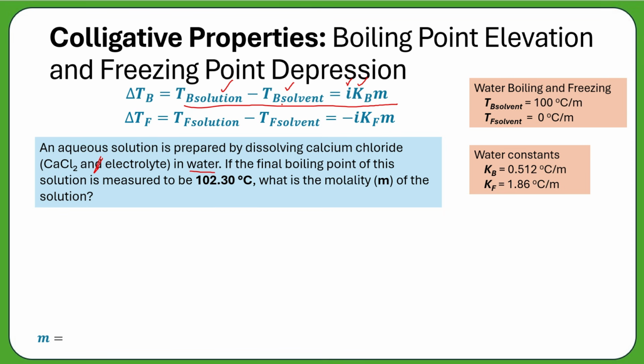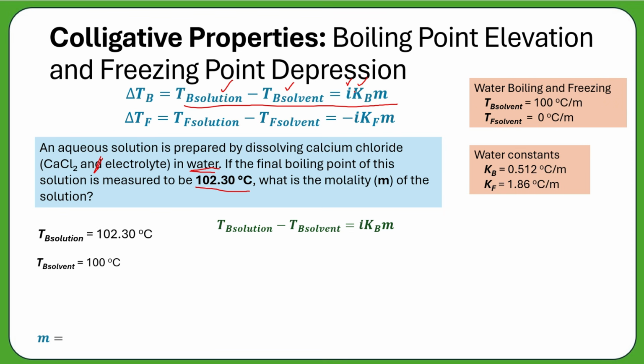Okay, let's try. Do we have the value of the new boiling point? We have the new boiling point, which is this one. Do we have the value of the original boiling point? We're talking about water. We already know the original boiling point of water, so that is 100 degrees Celsius. Although it's not given there, we know the boiling point of water, so that's why we have that as given.